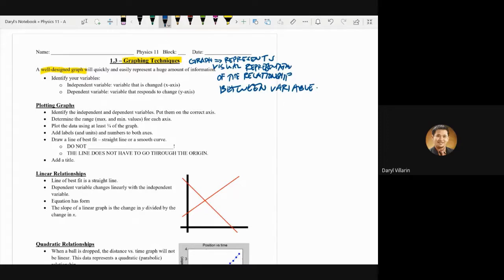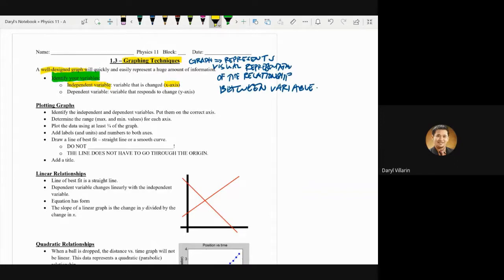Okay, so there are certain things that you need to remember when you try to graph your data. First things first, you need to identify your variables. It is a general rule that the independent variable is plotted along the x-axis.